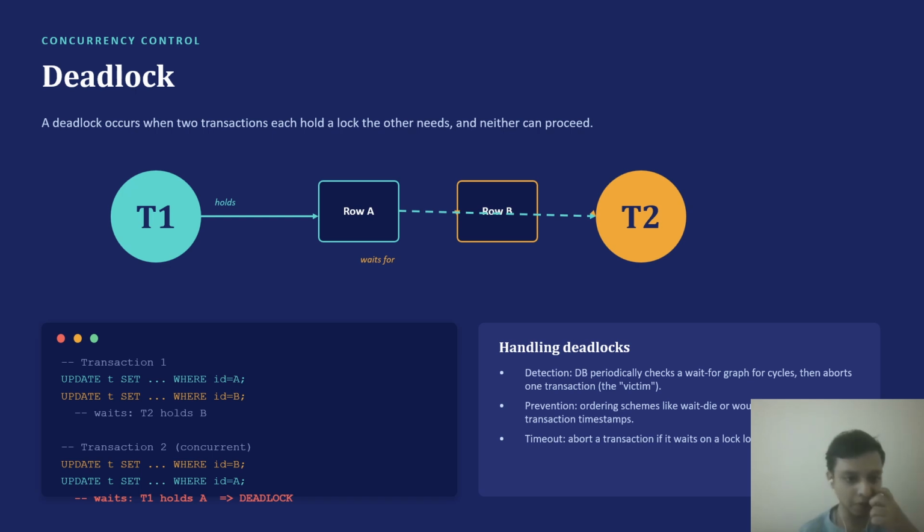As in my chocolate example: in transaction 1, update T set where ID equal to A, update T set where ID equal to B. In transaction 2, update T set where ID equal to B. Transaction 2 holds B but requests A, which transaction 1 holds.